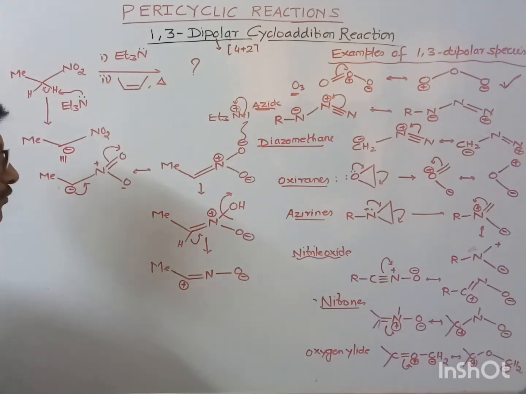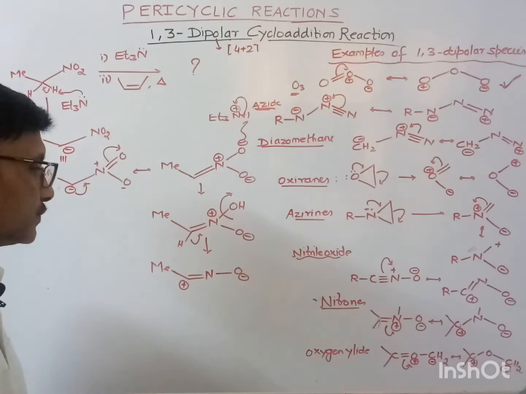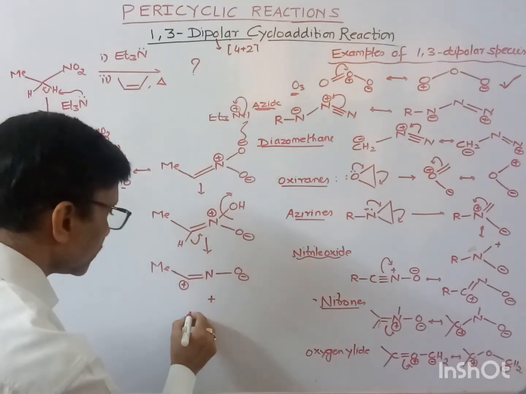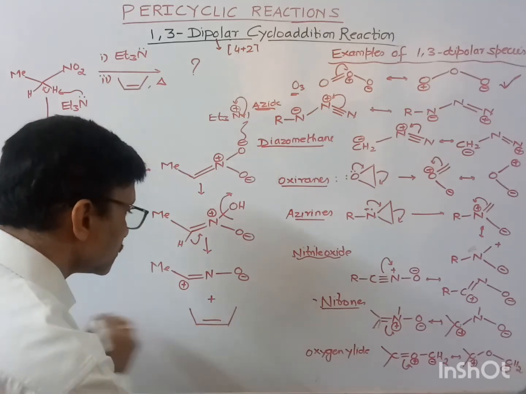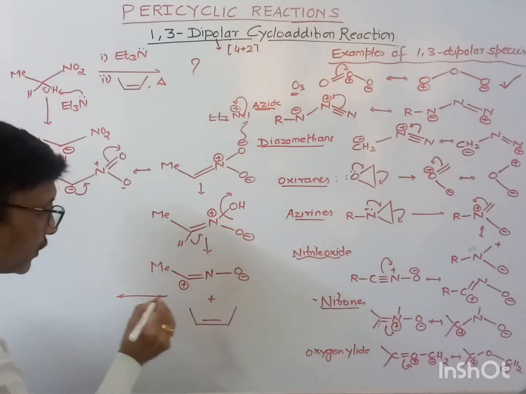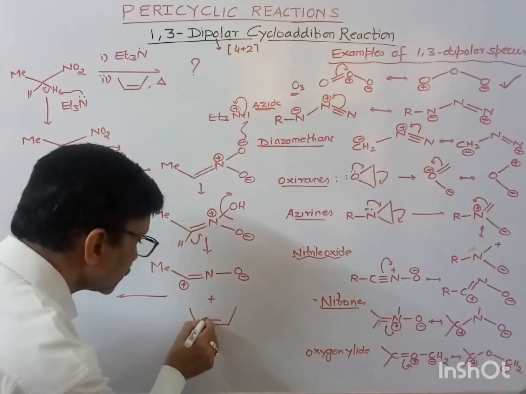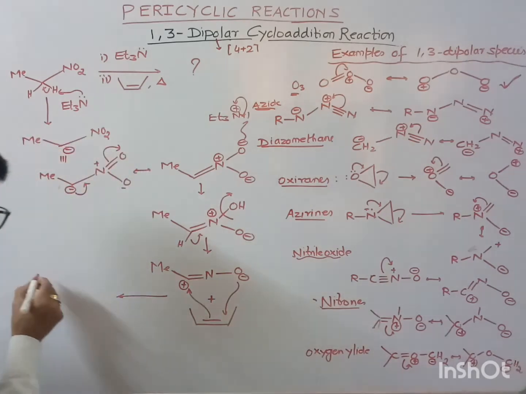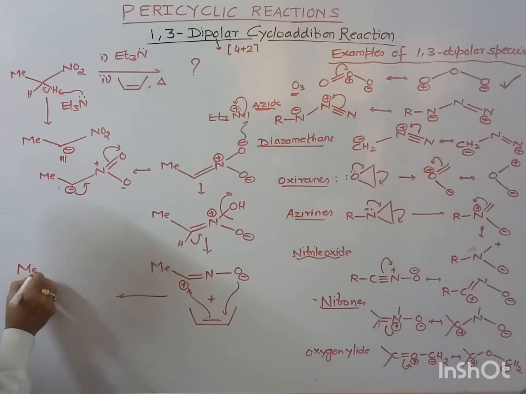So this is the 1,3 dipolar species which is formed, and in the next step this will add with the dipolarophile. This is our dipolarophile, a 2 plus addition takes place, and this would be the product formed over here.